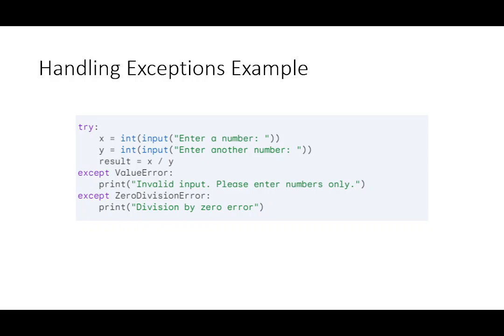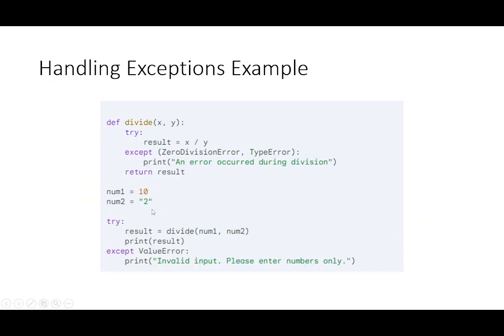It basically says that this isn't a number, and you print out an informative message. Then we have our exception for ZeroDivisionError, and it just says that we have division by zero again. So we can handle these exceptions in different ways.